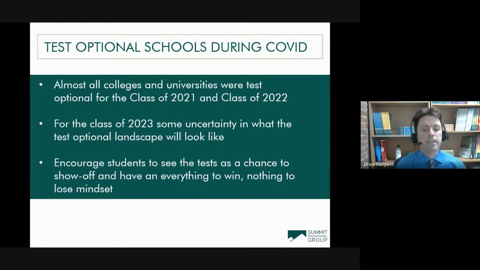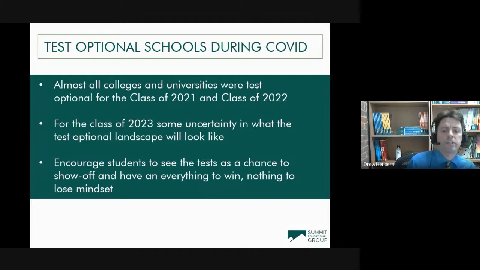And with the schools that are test optional now, it's very much that they're doing it on a year by year basis. So they're probably going to start announcing what their policies are going to be later in the spring, maybe even early summer. So just something to have on your radar, something to keep in mind that it is going to be a little bit of a moving target throughout that spring. But again, many colleges are going to continue those policies of being test optional.